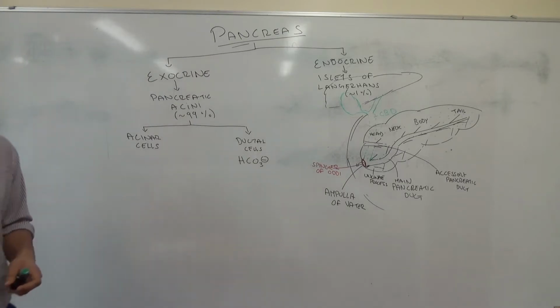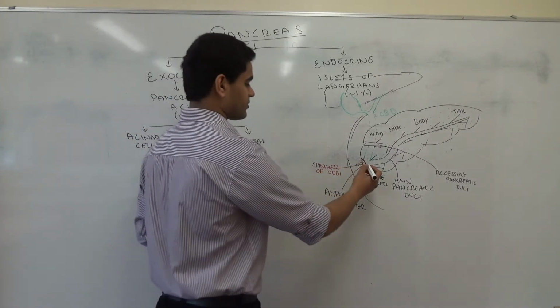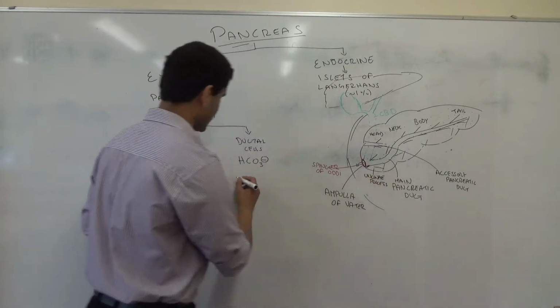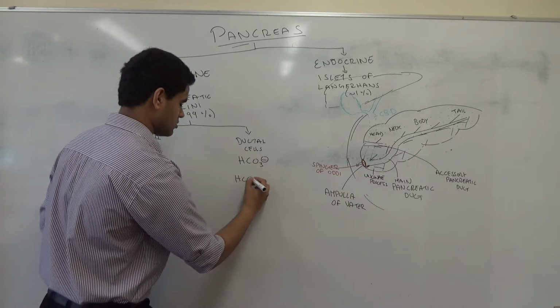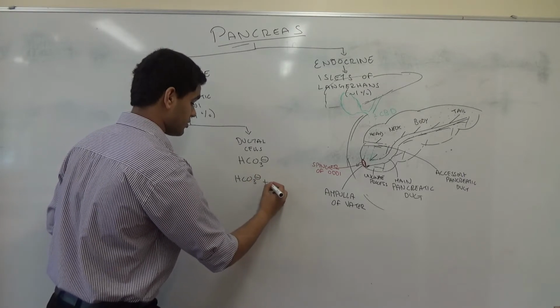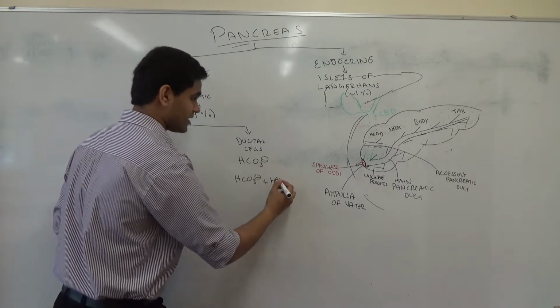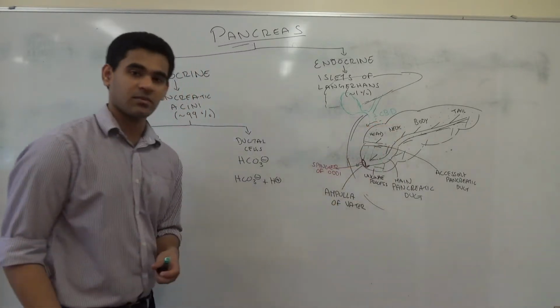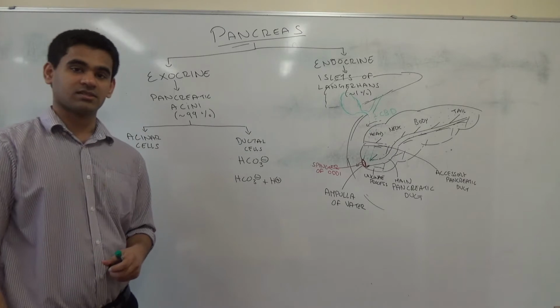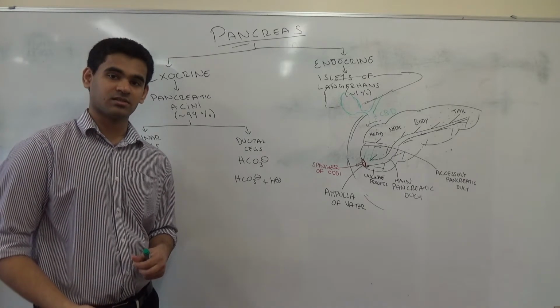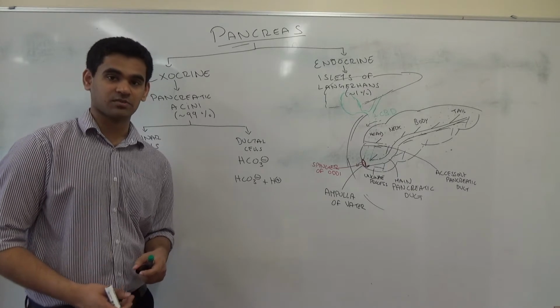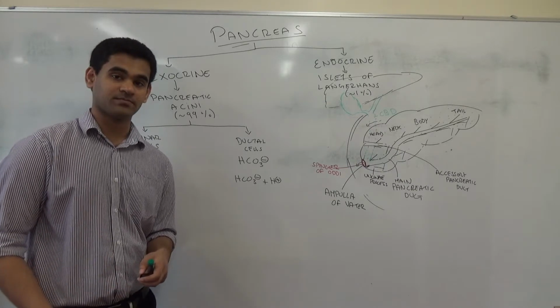And the reason why they do this is because the hydrogen carbonate ions react with the hydrogen ions in the acidic chyme that comes from the stomach. Remember, the contents of the stomach are acidic because the stomach produces gastric acid, which is necessary for the digestive action of gastropepsin.